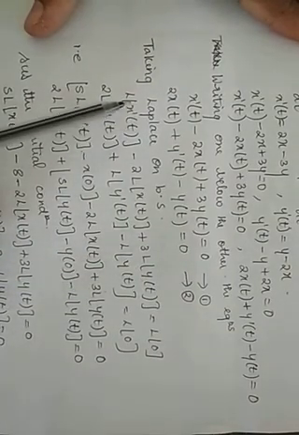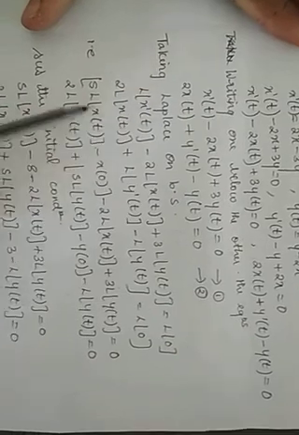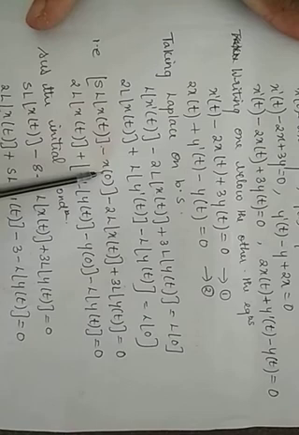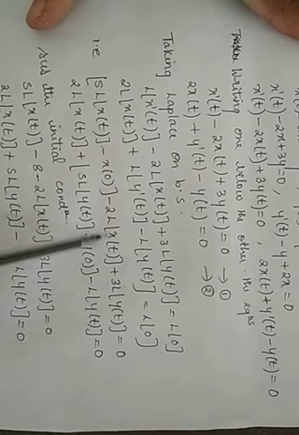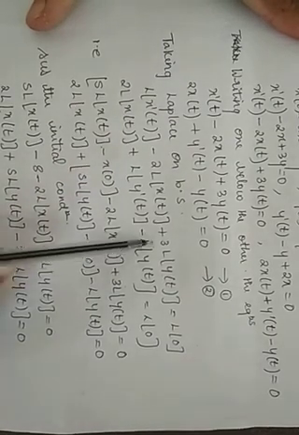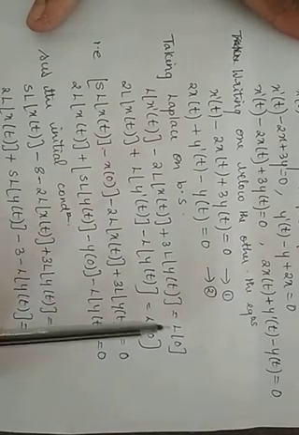Now substitute the Laplace transform of derivatives. So Laplace transform of x'(t) is s into Laplace transform of x(t) minus x(0). Minus 2 into Laplace transform of x(t) plus 3 into Laplace transform of y(t) is equal to 0, because Laplace transform of 0 is 0.